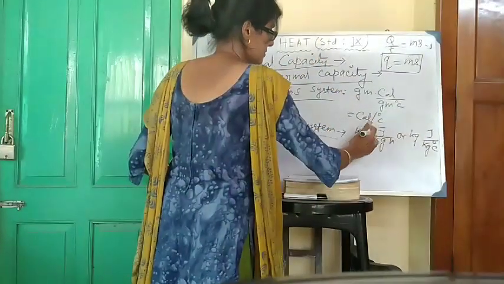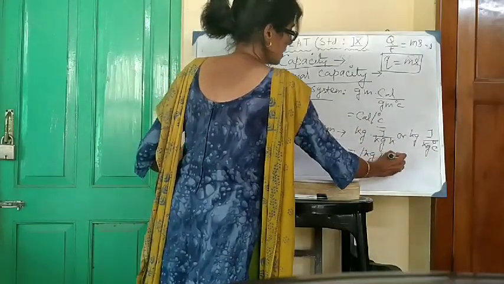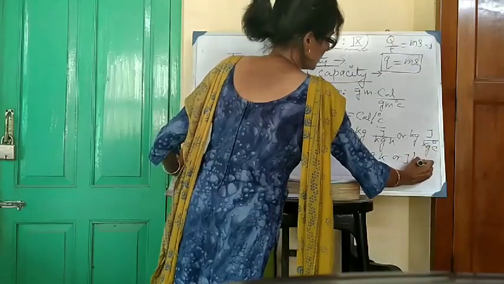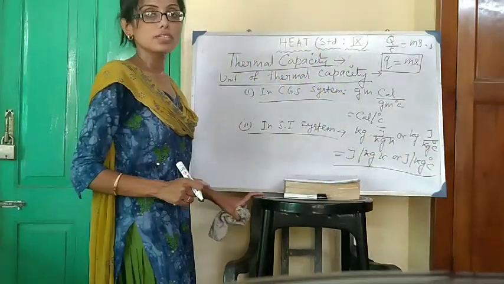Okay, kg cancelled out. So unit is joule per Kelvin or joule per degree centigrade. This is the SI unit of thermal capacity.